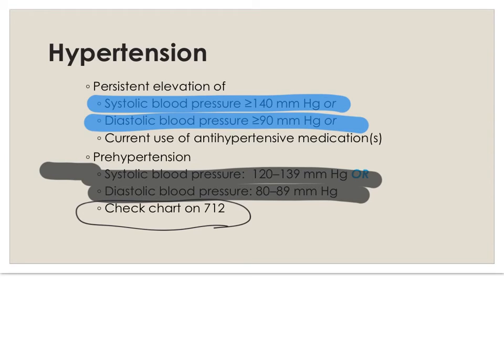So if I come into the doctor's office and my blood pressure is 145 over 92, then they're going to advise me to keep a log and to come back for a checkup to see where my blood pressure is. I come back in a month and it's still elevated, then I can be diagnosed with hypertension.